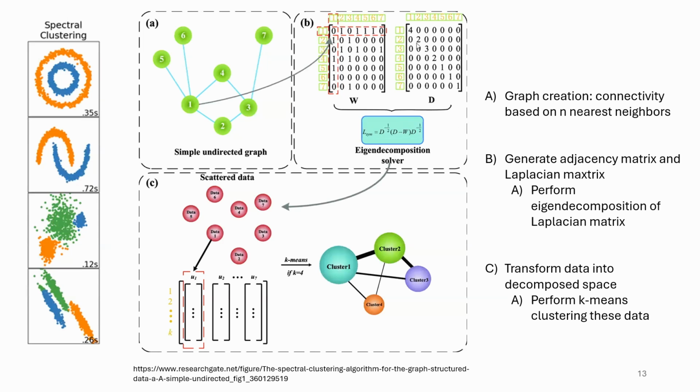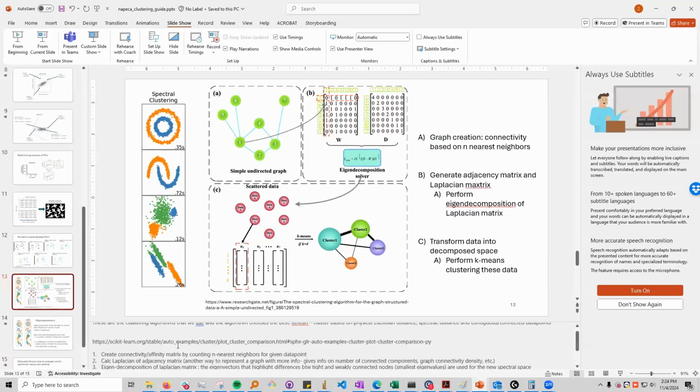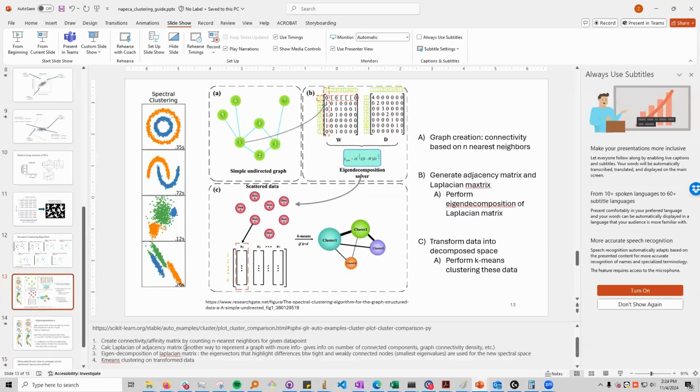But then it takes that data and generates a Laplacian matrix and performs eigen decomposition. The Laplacian is just another way to represent the graph that gives a little more information about the connectivity.